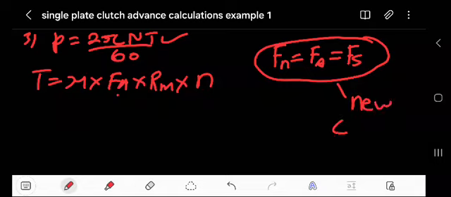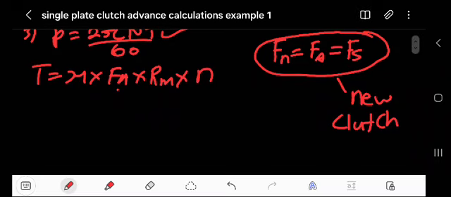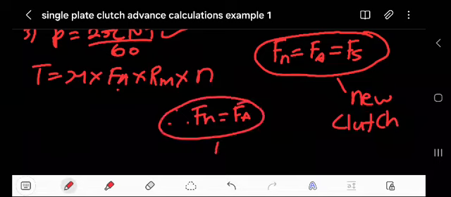If it is a new clutch, that means you're talking about new under uniform wear. But if there is wear that has occurred or taken place, you must know that if there is wear, only Fn will be equal to Fa. A worn clutch or old clutch will have this.